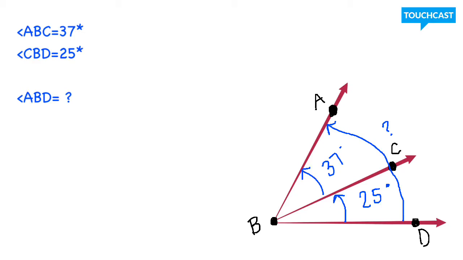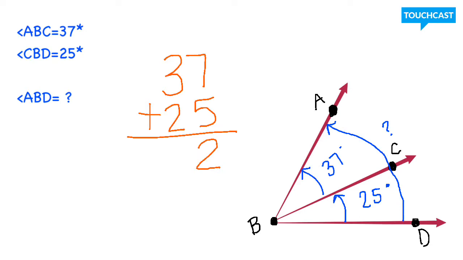I hope you got it. You are going to add those angles together. So when I add these angles together, I'm going to say 37 plus 25, carry my 1, I'm going to get 62 degrees.